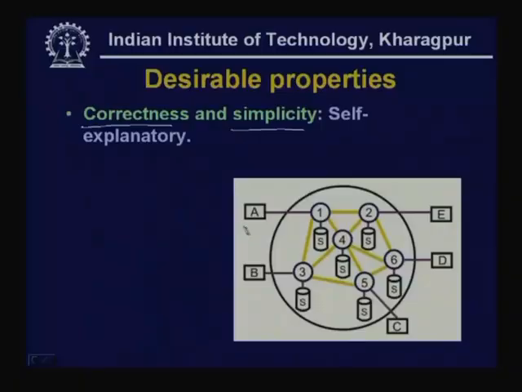By correctness, we mean the packet should be delivered to the correct destination. If source is A and destination is D, it has to be delivered to the proper destination station. So, that is what is meant by correctness.